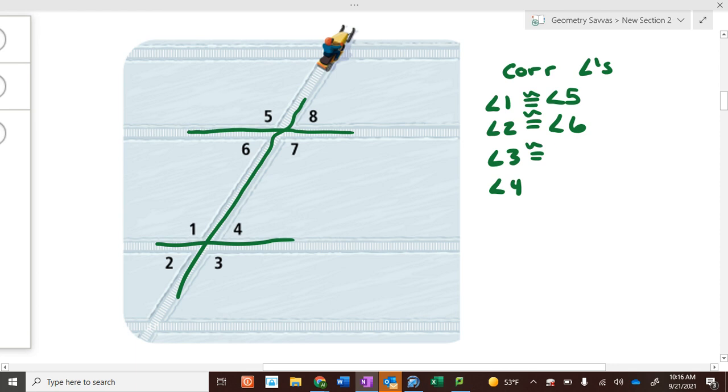Angle 3, Thomas, what's the same corresponding position as angle 3? 7. You are correct. And Amiria, what's the same corresponding as angle 4? 8. There we go. Those are corresponding angles.